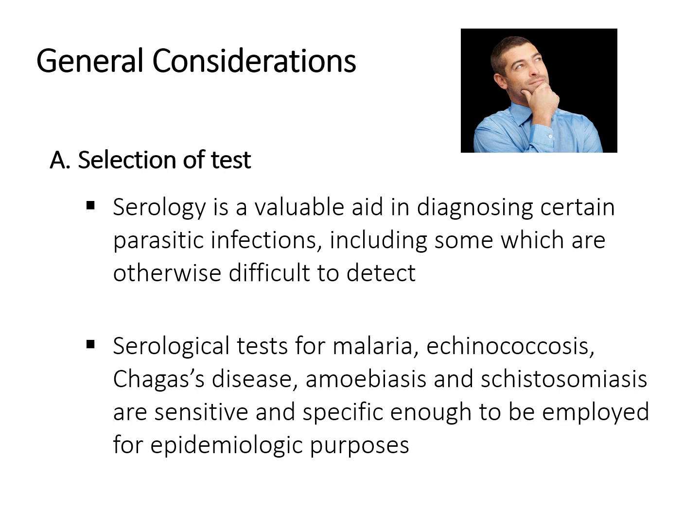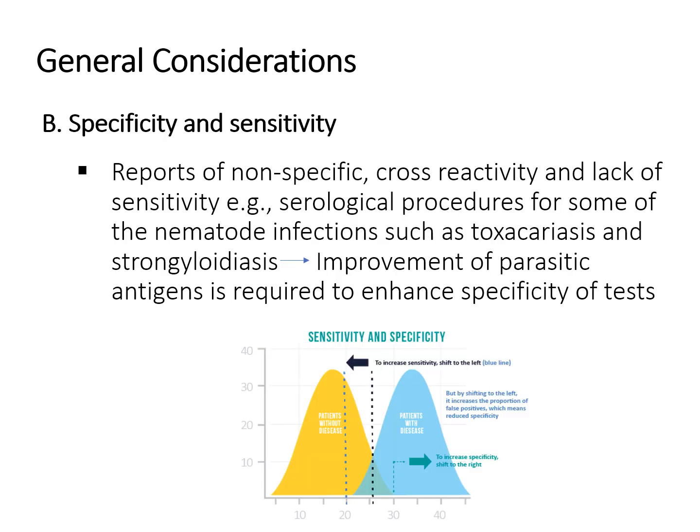Serological tests for malaria, echinococcosis, Chagas disease, amoebiasis, schistosomiasis, and many parasitic infections are quite sensitive and specific, and could be used for general epidemiological purposes. So the key values to determine how good a test is are always the specificity and sensitivity.